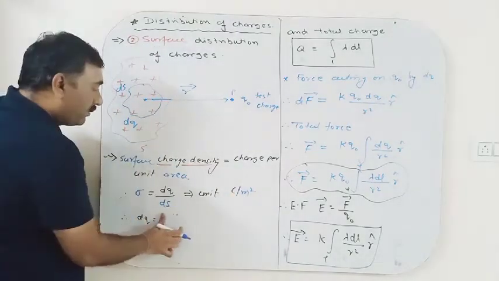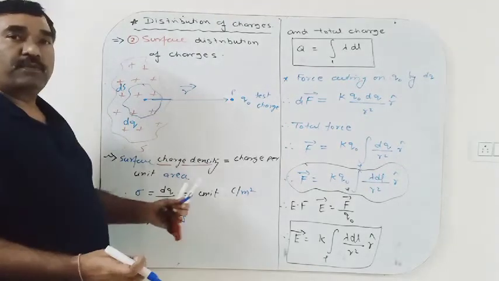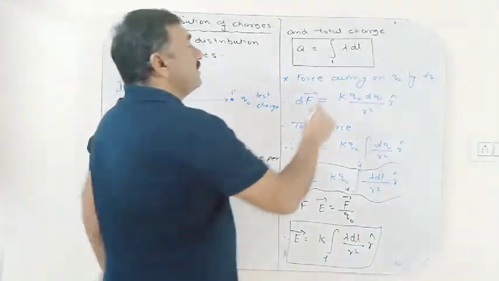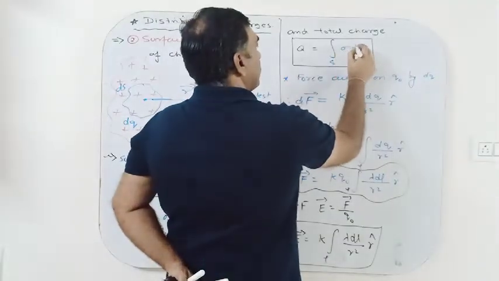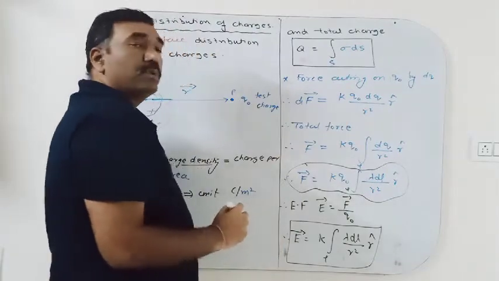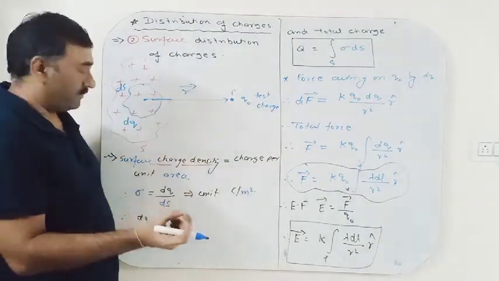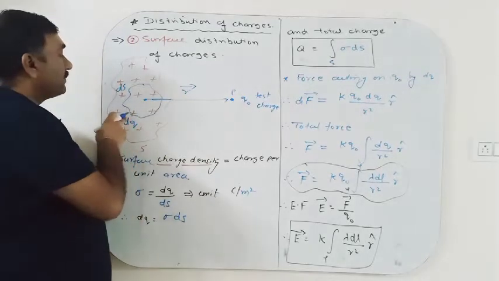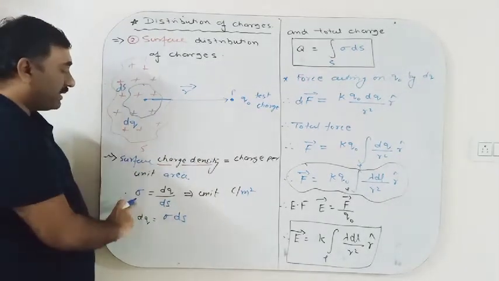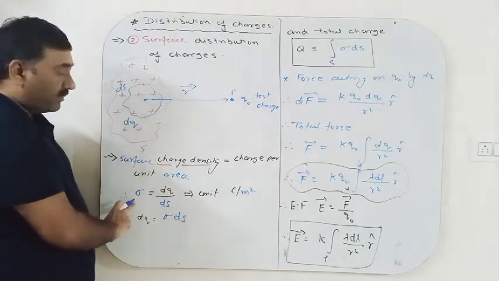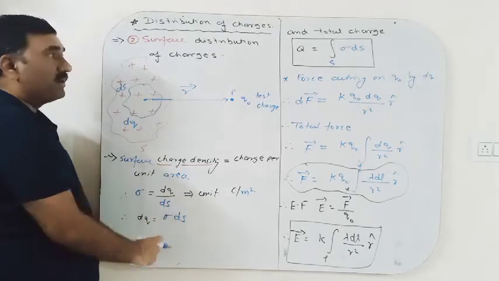So dq is equal to sigma into ds. Therefore the total charge present is given by the surface integral of sigma ds. You see, dear students, by changing just a small thing, lambda is replaced by sigma and dl is replaced by ds, so dq is equal to sigma ds.